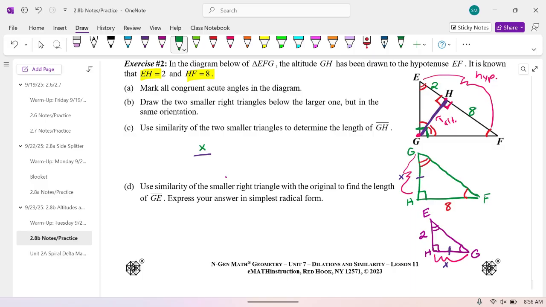What's its corresponding side on the purple triangle? So if we look at GH on the green triangle, what's its corresponding side on the purple triangle? 2. All right. So 2 would be its corresponding side from the purple triangle. And it would have to be equal to what's the corresponding side? Let's say this is 8 up here because that's from the same triangle. So that means its corresponding side is X.